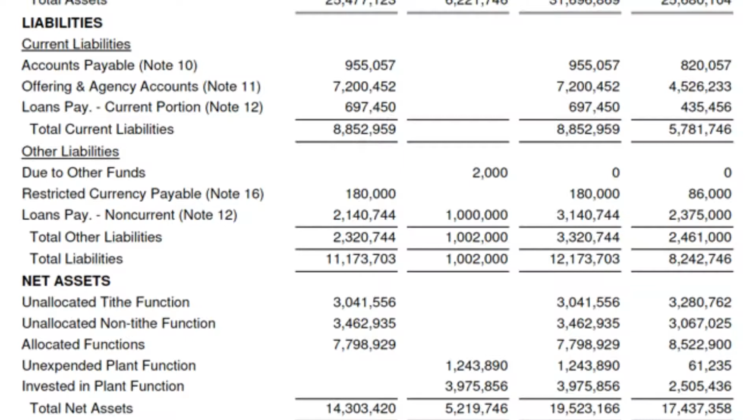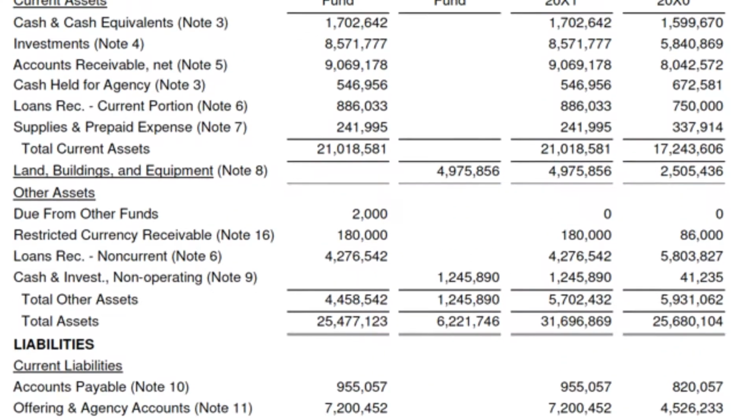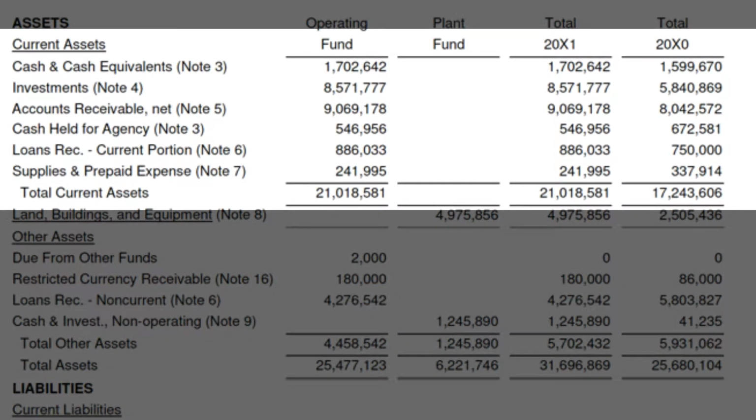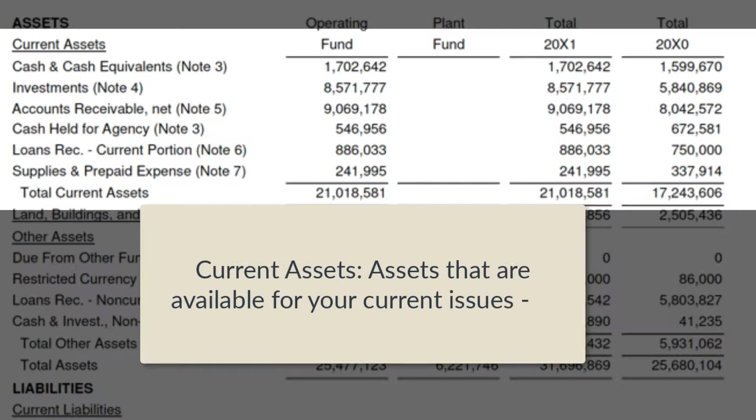So current assets, let's just make sure we're clear on the definition of current assets, current liabilities, and allocated functions. Current assets are assets that are available for the current issues I am facing.